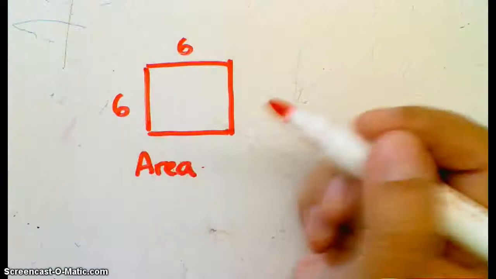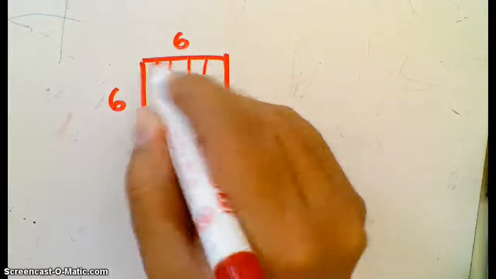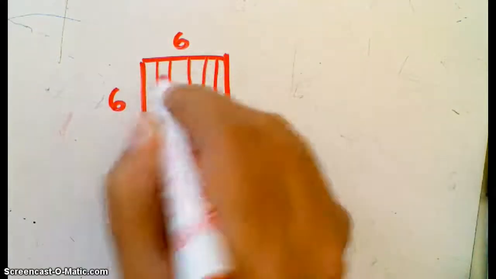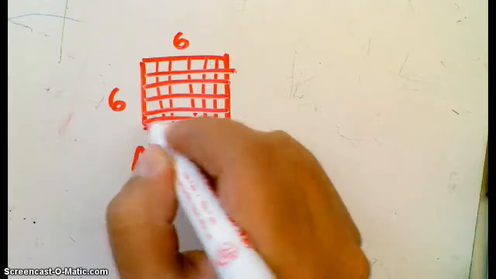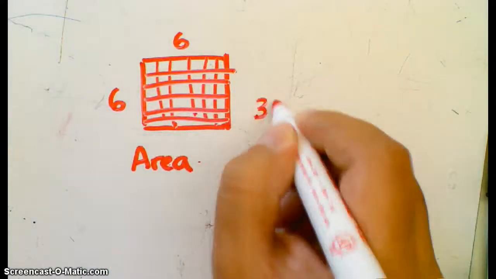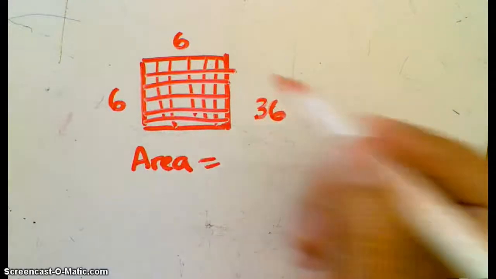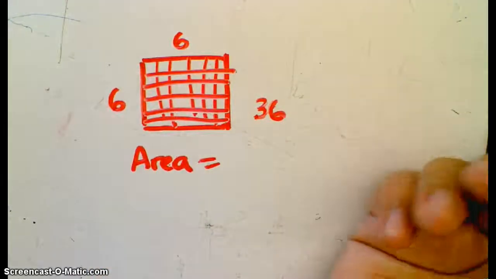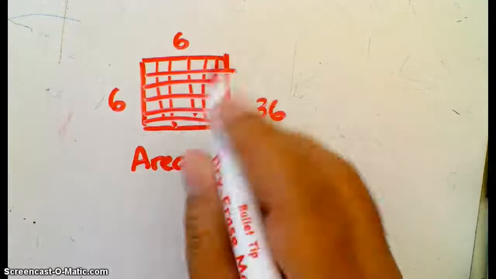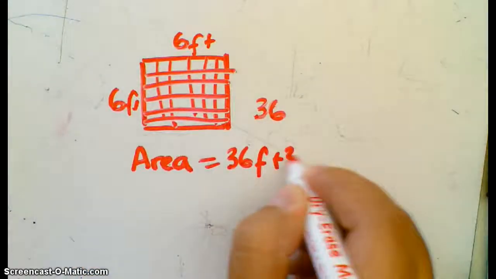You know that it measures 6 units this way and 6 units that way, then the area would be 36, because area refers to how many squares you can fit in here. If you have 6 rows by 6 columns, then you have 36 squares. And if we're talking about feet, then this would be 36 square feet.